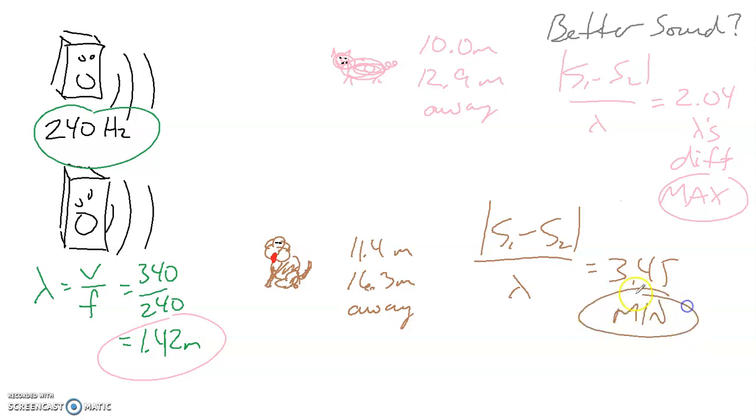So definitely almost exactly a minimum. So it looks like our piggy over here is going to hear the better sound. Whole number good, half bad. If you had like 3.7 or 3.8, it would at least be a medium sound. But halves minimum, whole numbers maximum. Piggy's really close to a maximum, doggy's really, really close to a minimum.